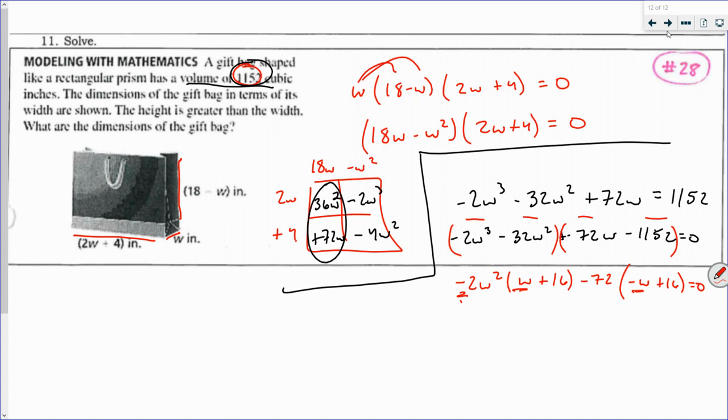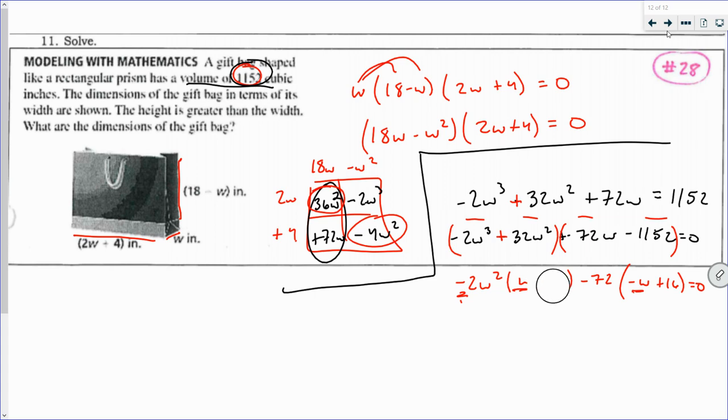W times 18 minus w, 2w plus 4. 18w minus w squared, 36w squared minus 2w cubed plus 72w minus 4w squared. Oh, crap. So this was a positive 36w squared, and this was a minus 4w squared. This should be plus 32w squared plus 72w.